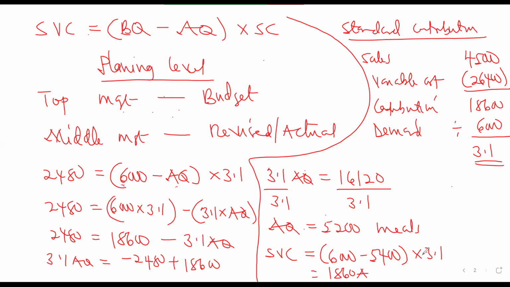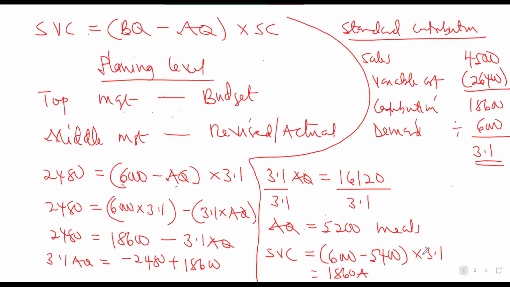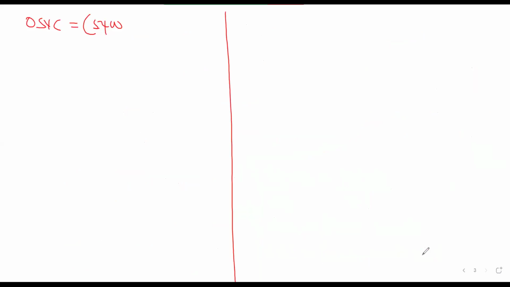So the first one, 2,480, is a planning variance. Let's come to operational sales volume contribution. This will be between the estimate of 5,200, which is the revised amount given to the operational level, but they have sold 5,400.